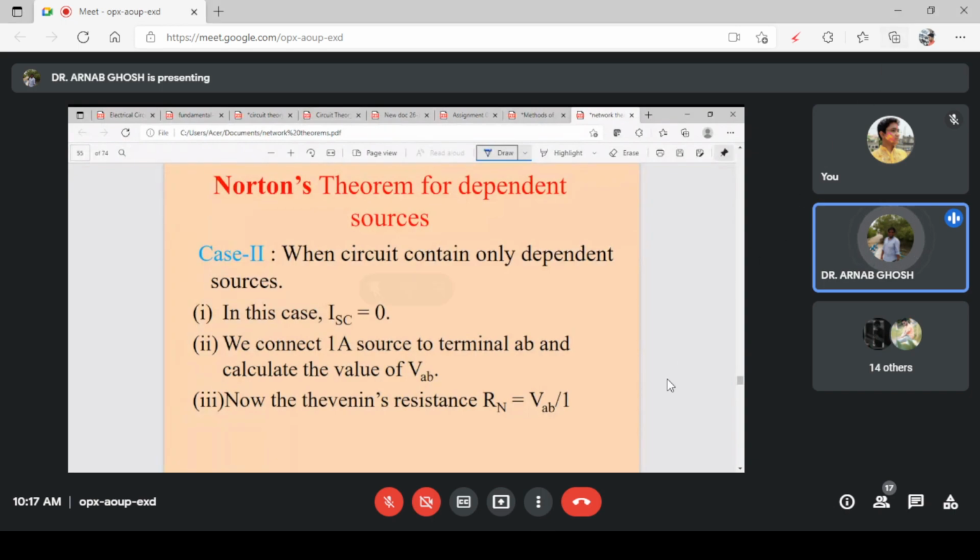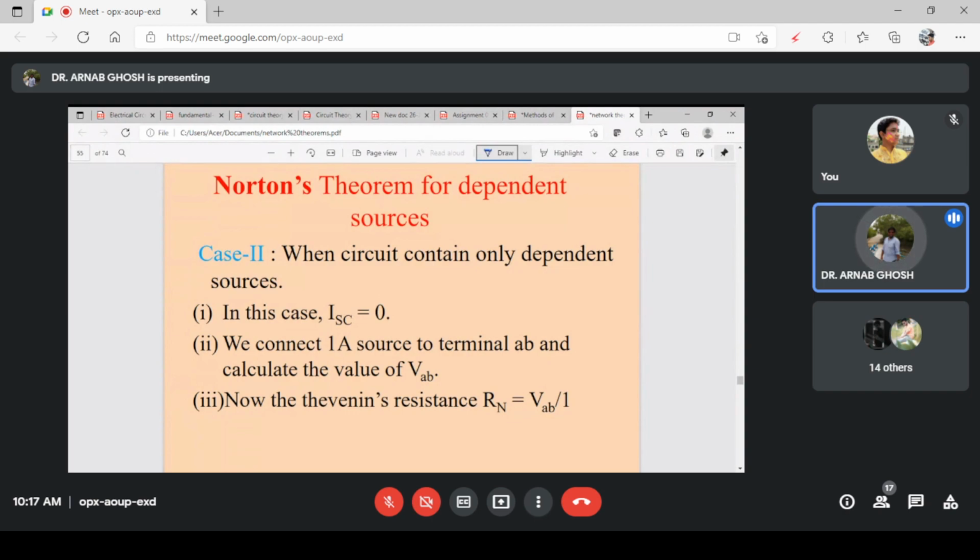So what we will do is connect a 1 ampere source between the terminals A and B, since there is no short circuit current between A and B. Then we calculate the voltage across AB. Then the Thevenin's resistance as well as the Norton's resistance will both be equal to VAB by 1.